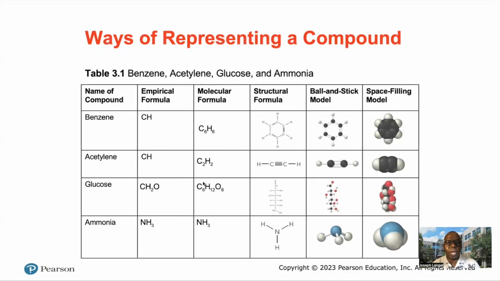Notice when we divide by 2, it will give you the empirical formula. The empirical formula can be the same as the molecular formula. We can divide by 2 and further. Don't assume that to determine the empirical formula, you need to divide by 2. If you divide by 2 here, it will give you a fraction, which is not the correct way of representing the empirical formula. That's all.